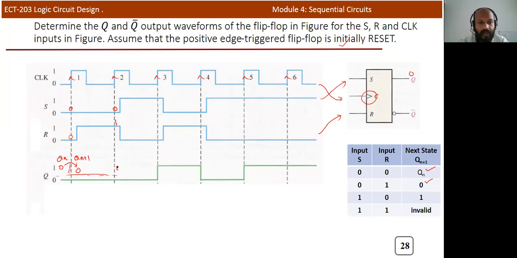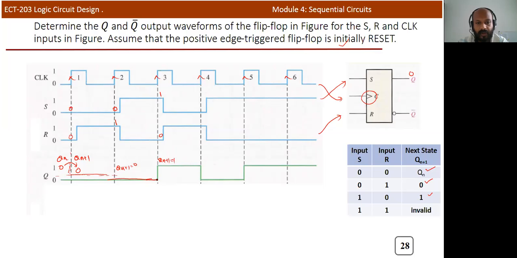So this is Qn plus 1 at this particular instant. After applying the clock pulse, it is 0, and it will continue like this. When it reaches the third rising edge, here S is 1 and here R is 0. 1, 0 is a set condition. So after applying the clock pulse, Qn plus 1 becomes 1.